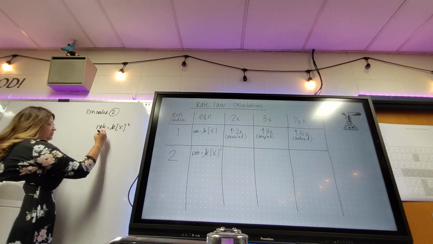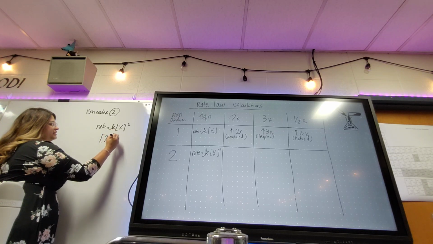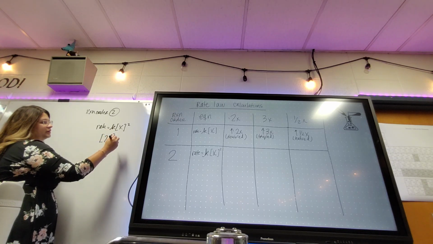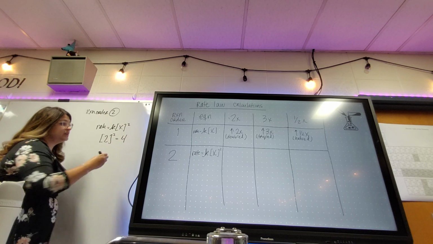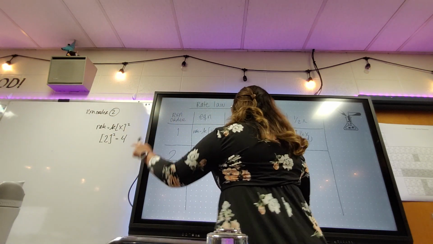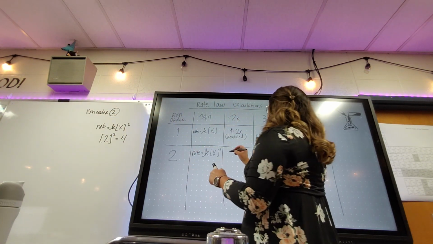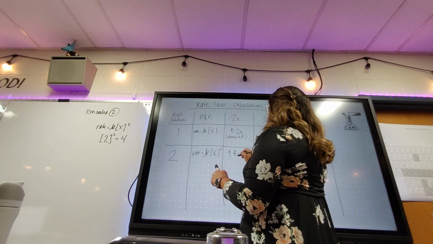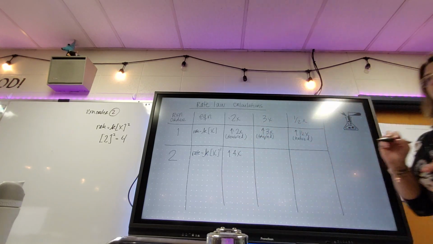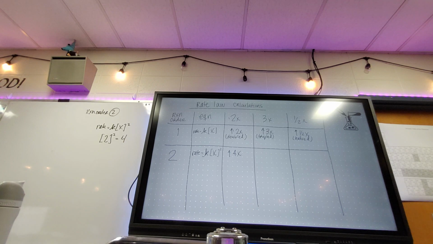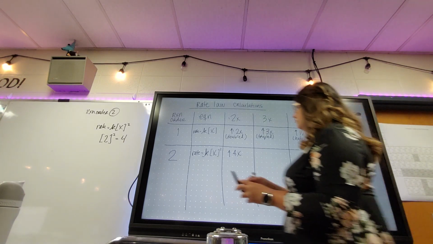It's just a little more complicated now. What is the number 2 to the second power? 4. So if you double the concentration of your reactant and it's second order, your rate will now go up by 4 times. That's a pretty good increase.